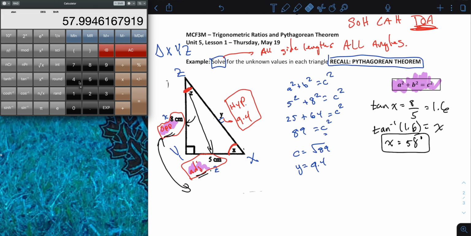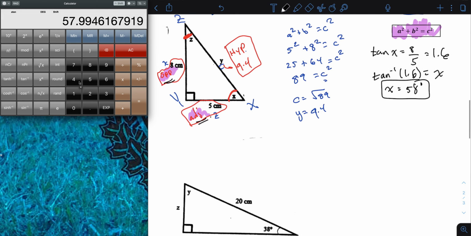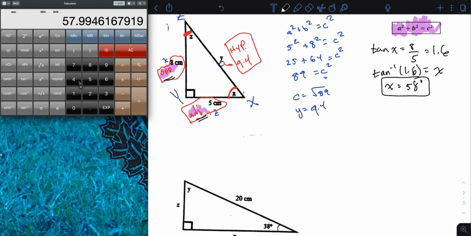Now you could do the exact same work, or you could remember the little tidbit of information that the angles of a triangle must add to 180 degrees. I now know two of them.